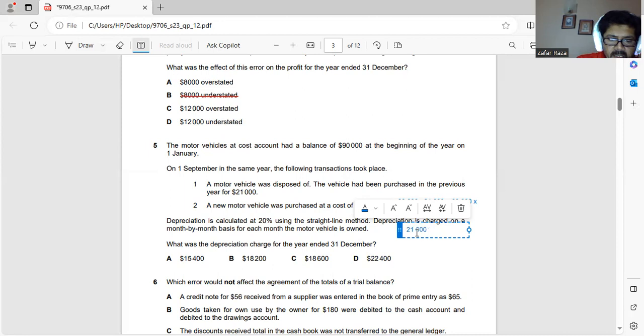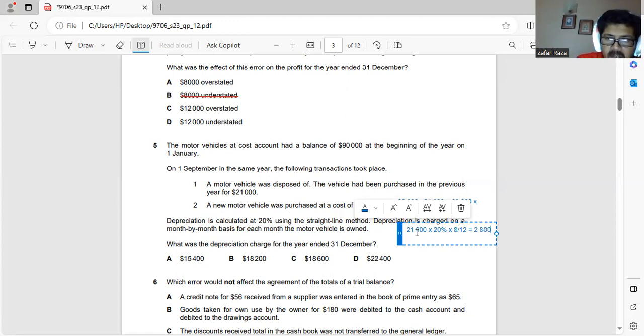It had cost 21,000 multiplied by 20%, that is 4,200, divided by 12, multiplied by 8. 8 upon 12. So the answer would be 2,800.